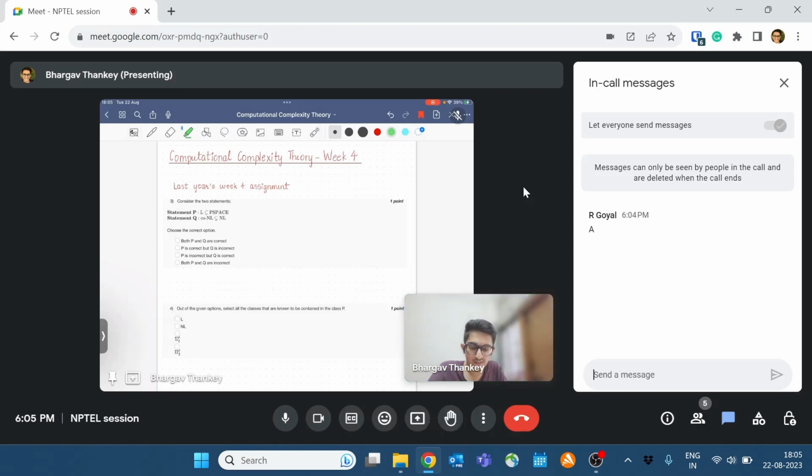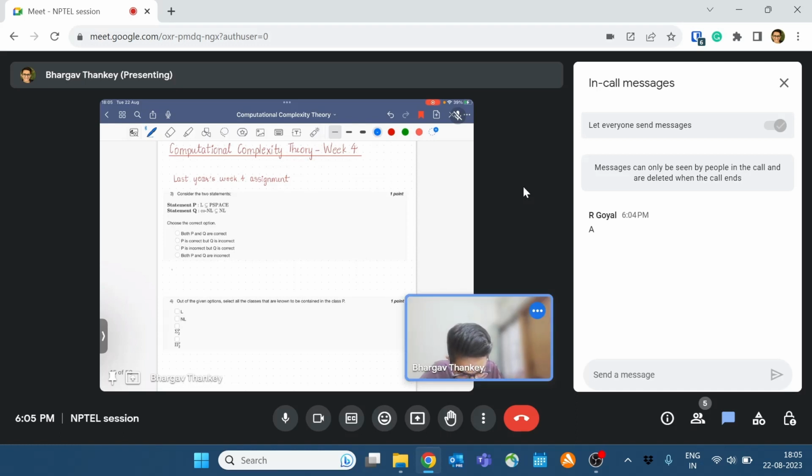So if NL equals co-NL, then we have this, right? So neither of these two containments is strict, right? So Q cannot be correct because of this theorem.